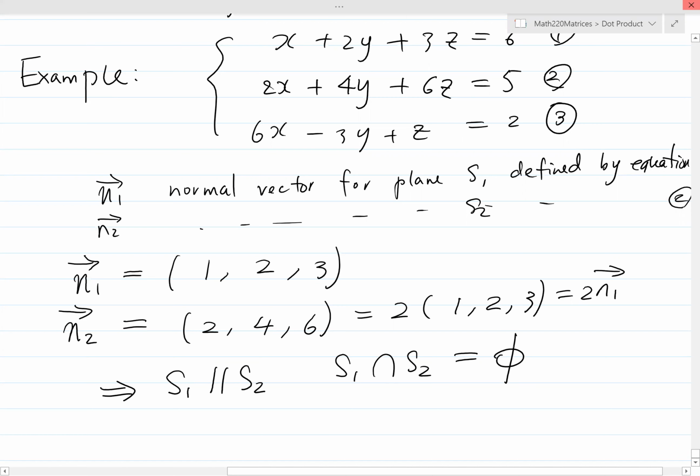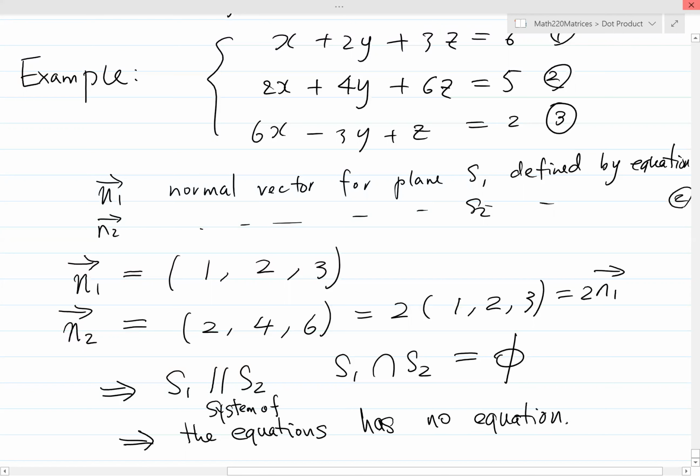No intersection, so the system of simultaneous equations has no solution, because the two planes are parallel.